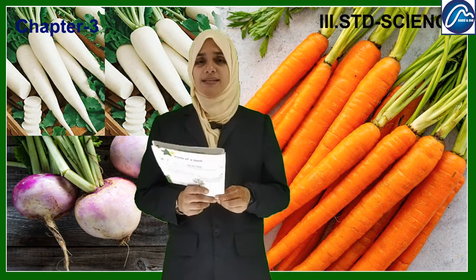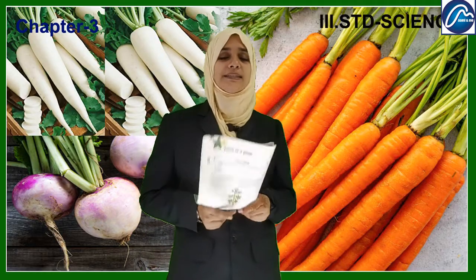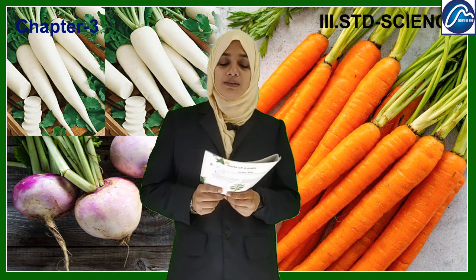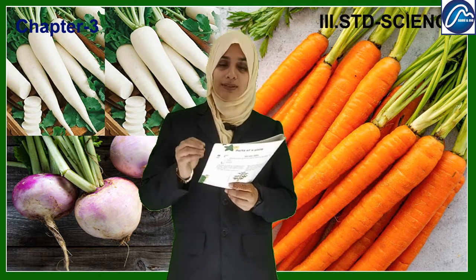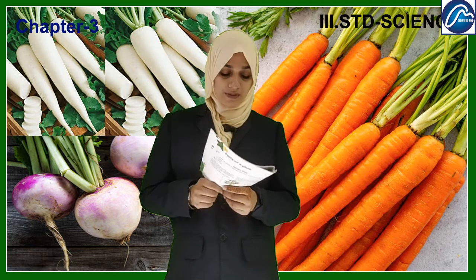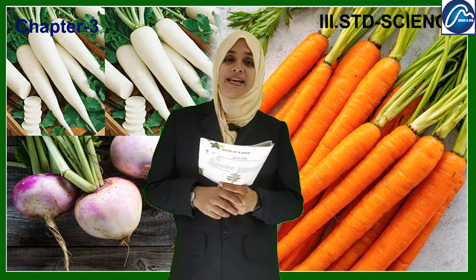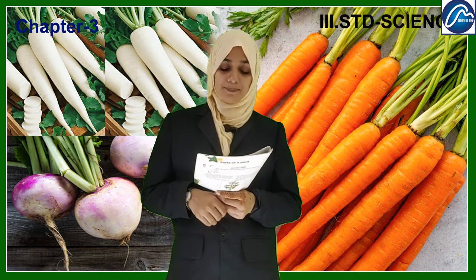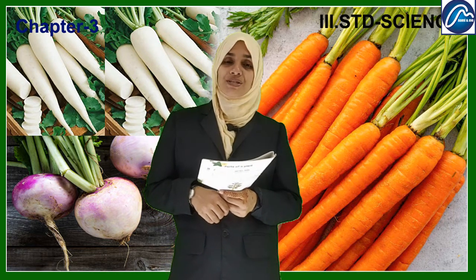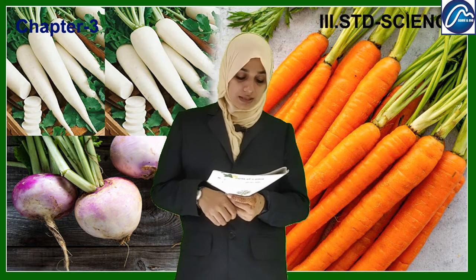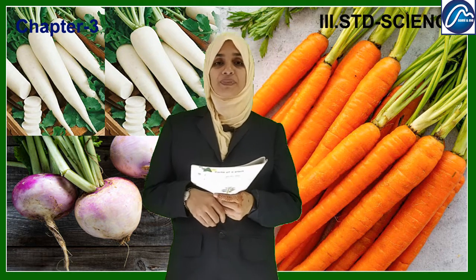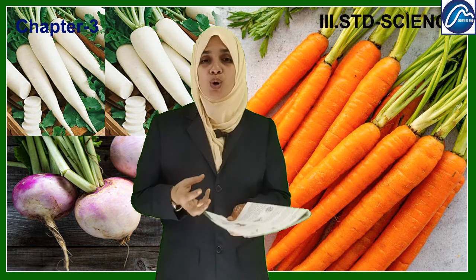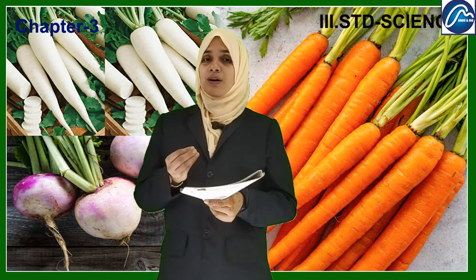But in some plants, roots store food. They use their root to store food. Examples are radish, carrot, turnip, etc. They are taproots which store food.